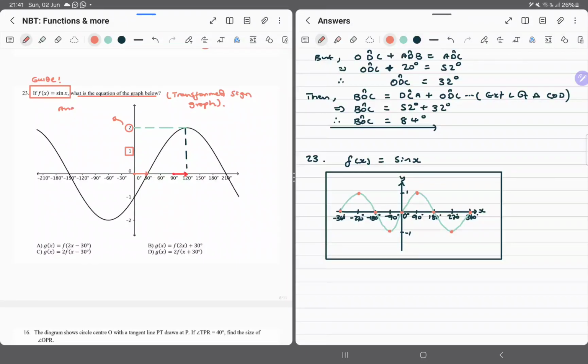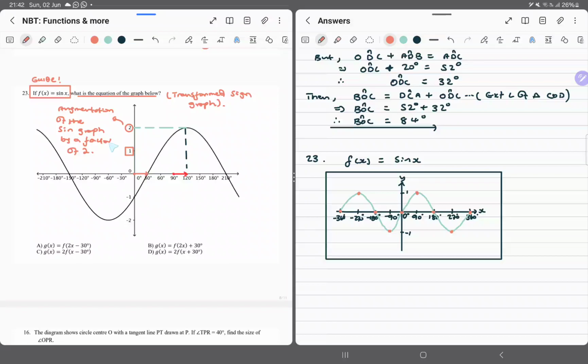Basically, this means it's an augmentation of the sine graph by a factor of 2.